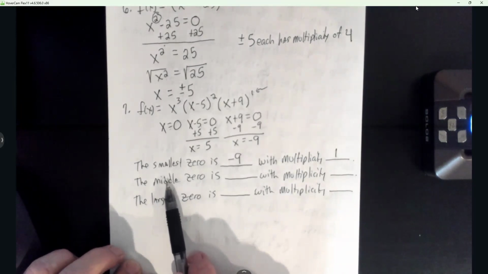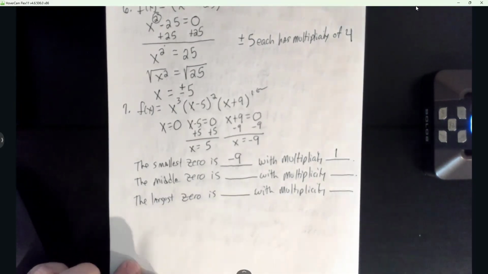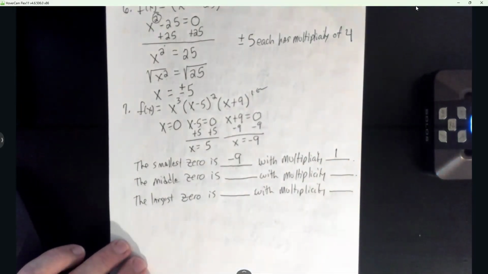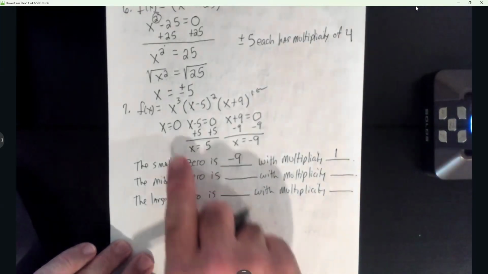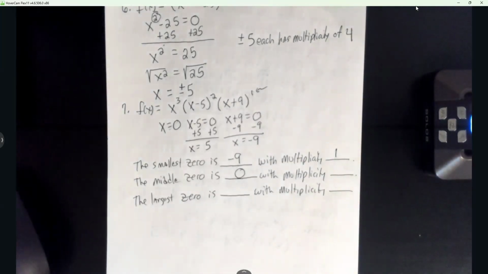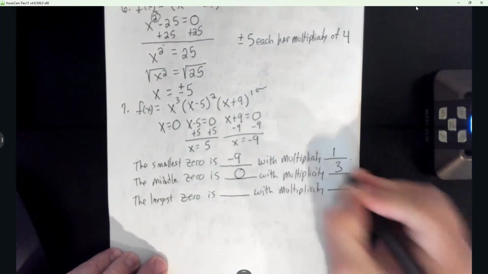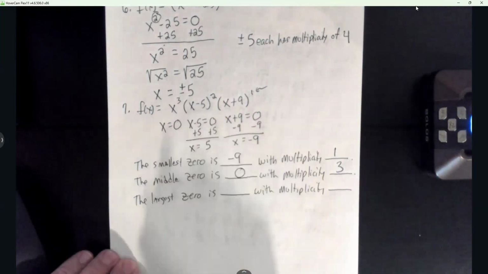So, all right, y'all, let's see what's this answer. The middle 0 is blank. Okay, so what are y'all saying? Julie and Jesselyn, y'all are saying 0. Perfect. 0's my middle number. So what was the multiplicity of the factor that gave me 0? And that was a 3. Good job. So remember, on the single factors, it's automatically their exponent.